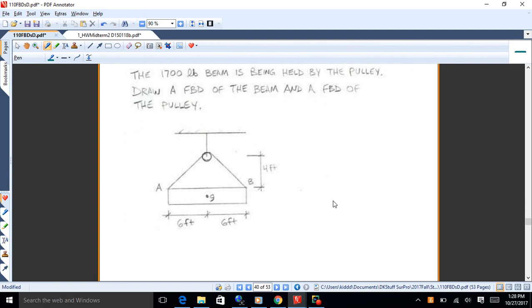Okay, how about that beam being held up by a pulley? 1,700-pound beam. Draw a free body diagram of the beam and one of the pulley.